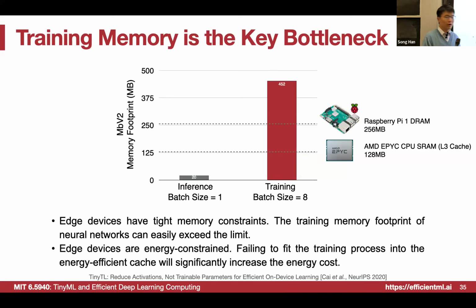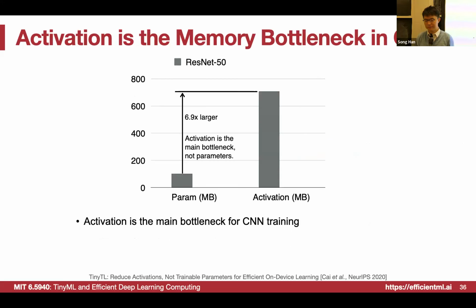Also, edge devices are energy constrained because they are battery constrained. So if we can fit them into the on-chip SRAM or the cache, that would be pretty good. Actually, that's the case for both the edge and the cloud.